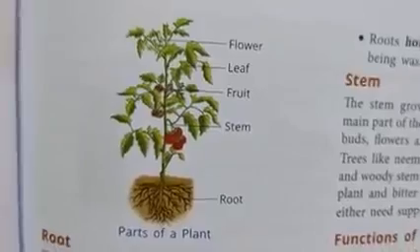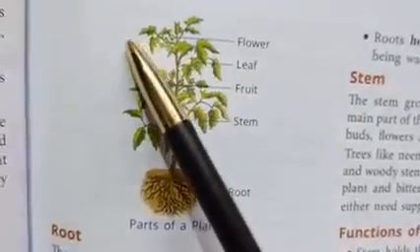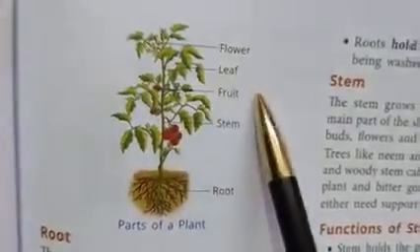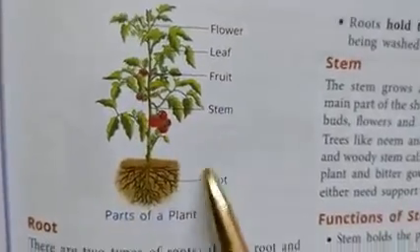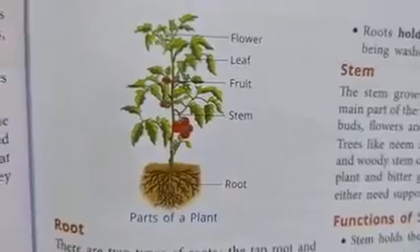See children, parts of a plant. This one is the flower, this one is the leaf, fruit, this one is the stem, and these are the roots.